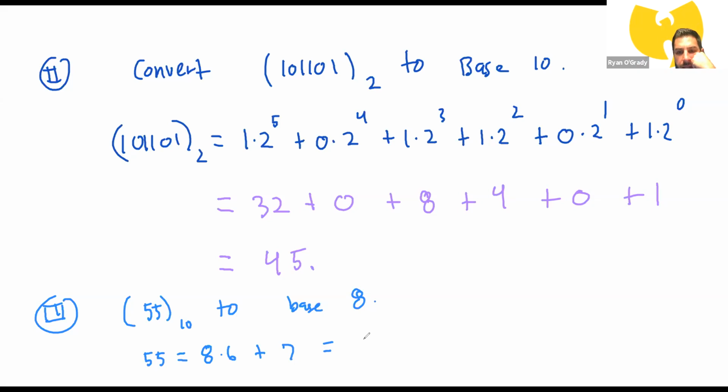Well, one way to think about this is 6 times 8 to the power 1 plus 7 times 8 to the power 0. So this in base 8 would be 67. That might be a little more tricky for you to come to terms with. So if you have a question, please ask.